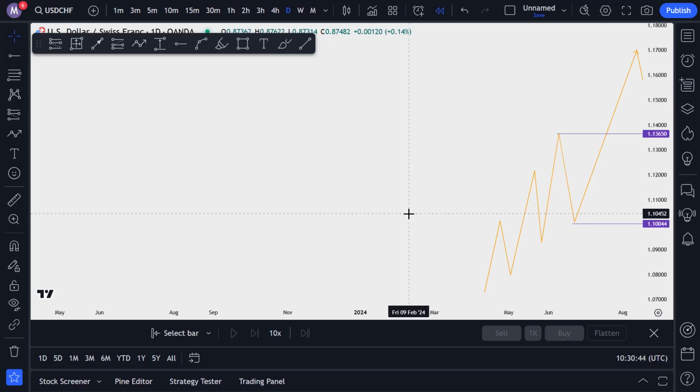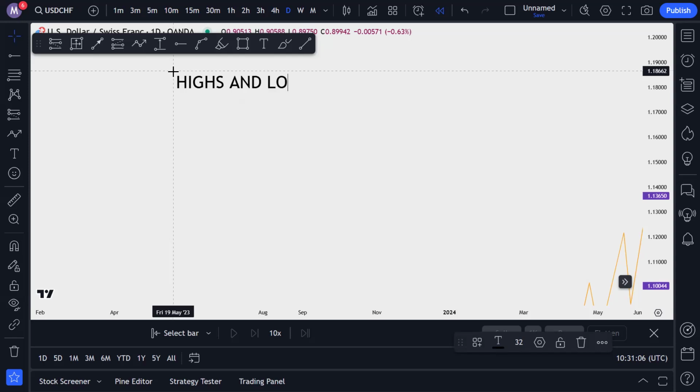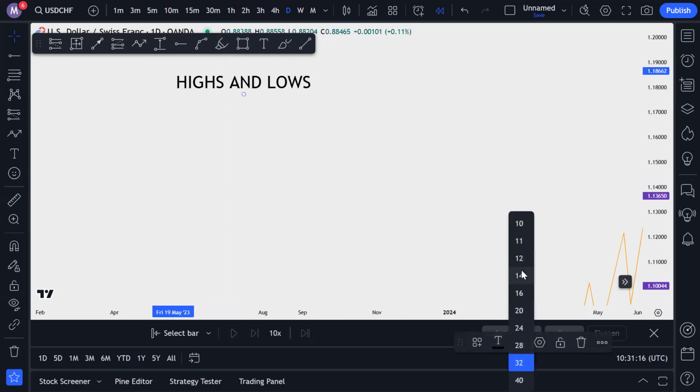So when we are on a bullish market, we know price is going to be forming a series of highs and lows.